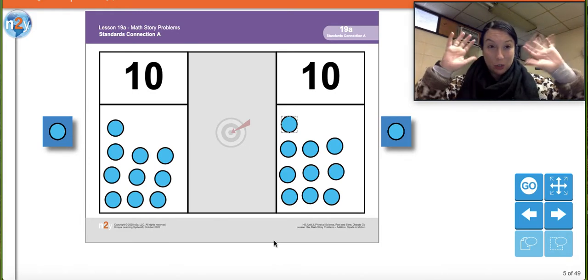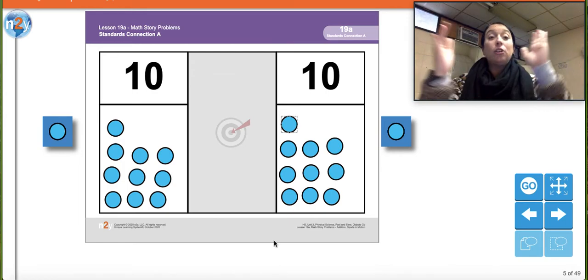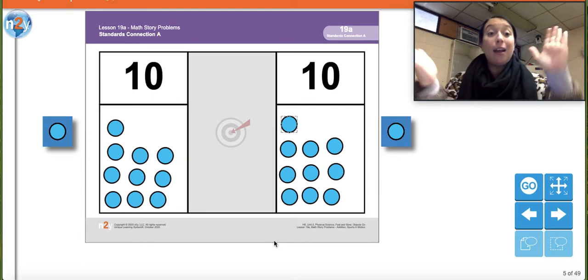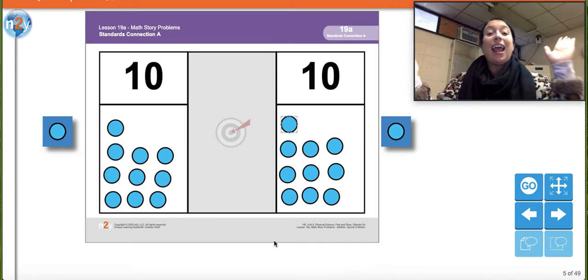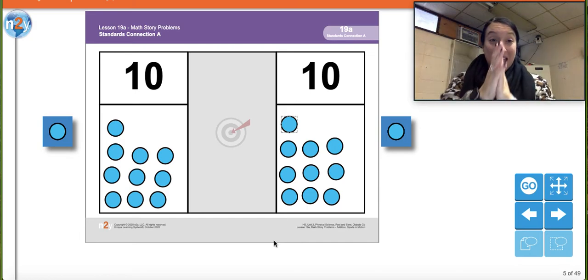Ready? Let's use our hands or our feet or our head, whatever we want to do. 1, 2, 3, 4, 5, 6, 7, 8, 9, and 10.